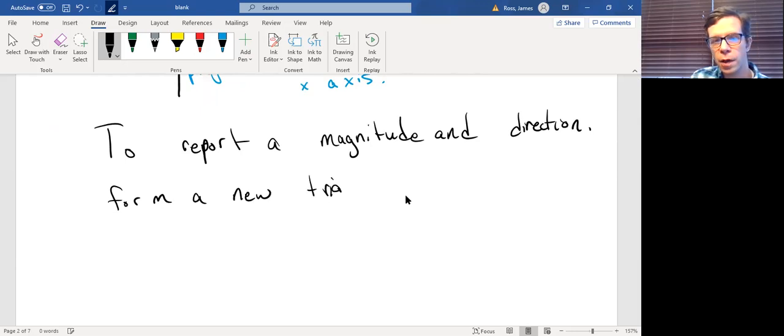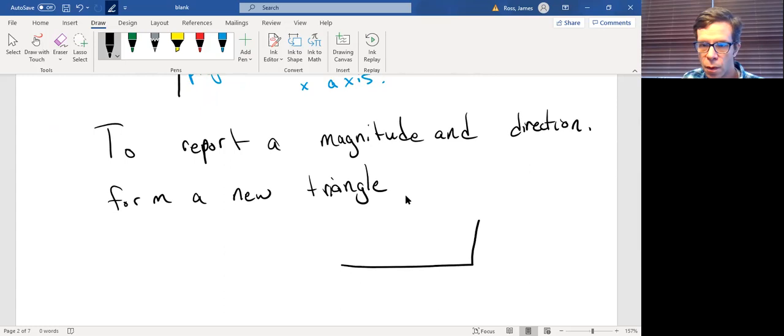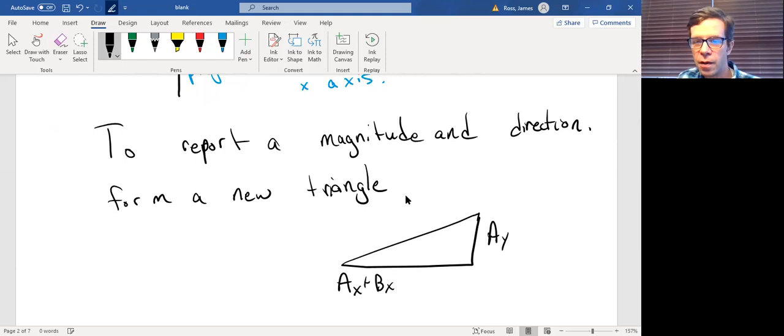In our continuing example here, we have AY, and then we have AX plus BX as the length of this side from our components, right?